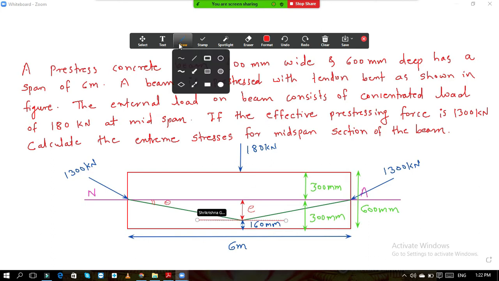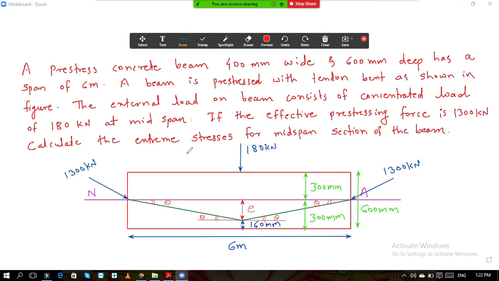So this angle is also theta. And if this angle is theta, then this will also become theta. So this is the given diagram.